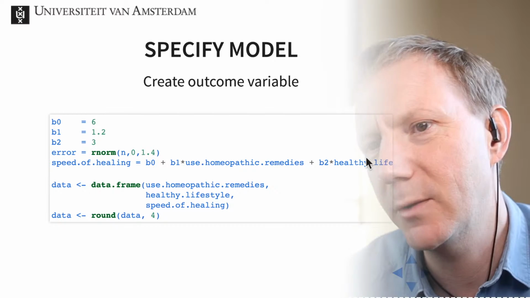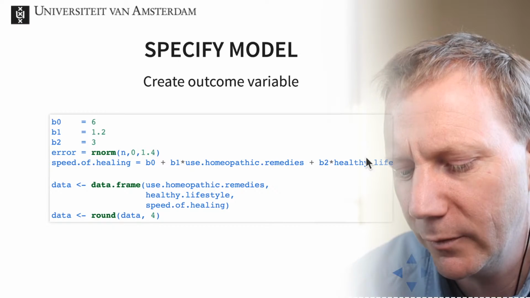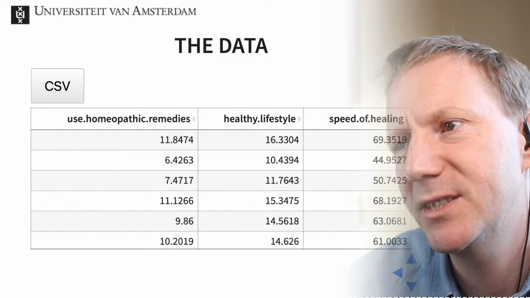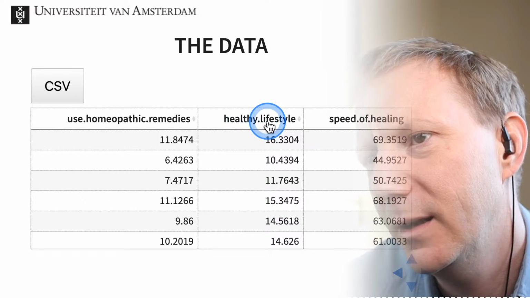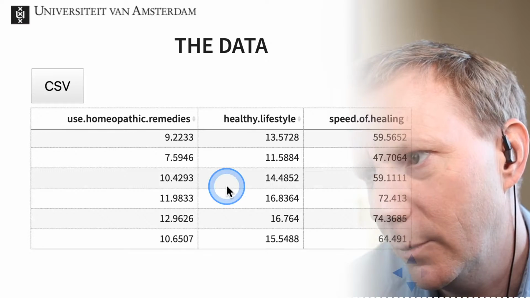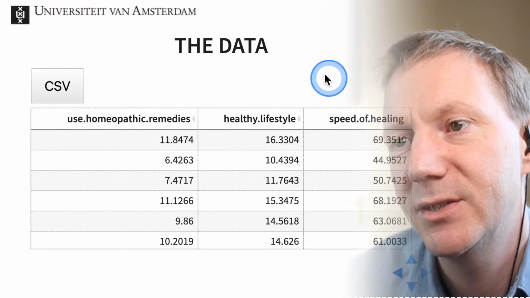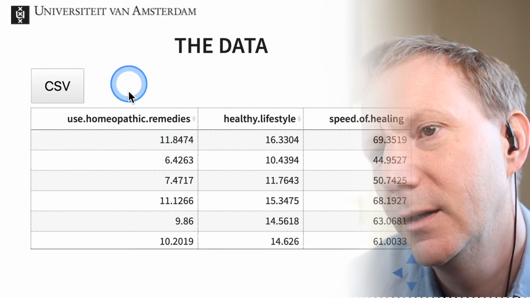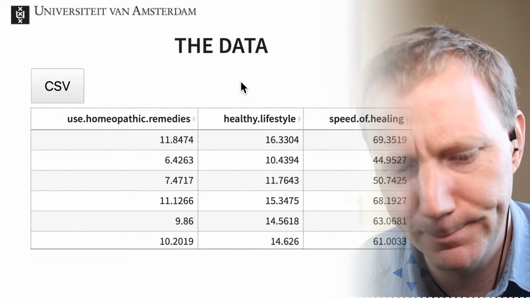So we have a few steps that we go through in this simulation. Again, the simulation part is not really that relevant. You don't need to know how that works. But what it ends up with is a data set where we have the speed of healing, the healthy lifestyle, the use of homeopathic remedies for a bunch of people. And we want to see if there's a mediating effect of healthy lifestyle for the use of homeopathic remedies or alternative medicines.